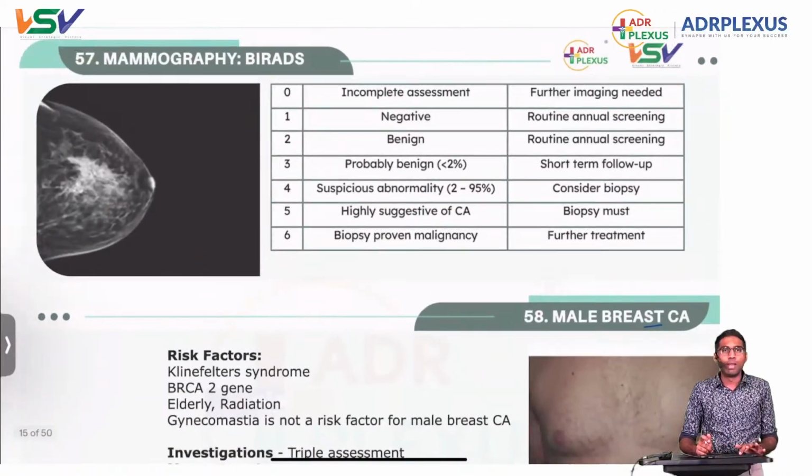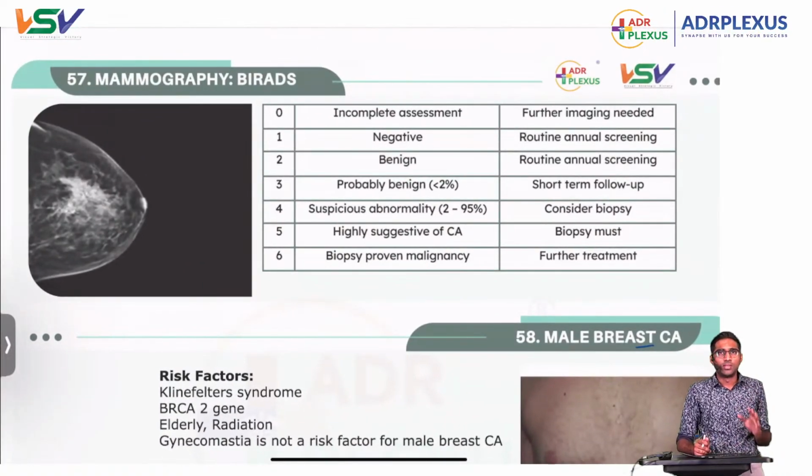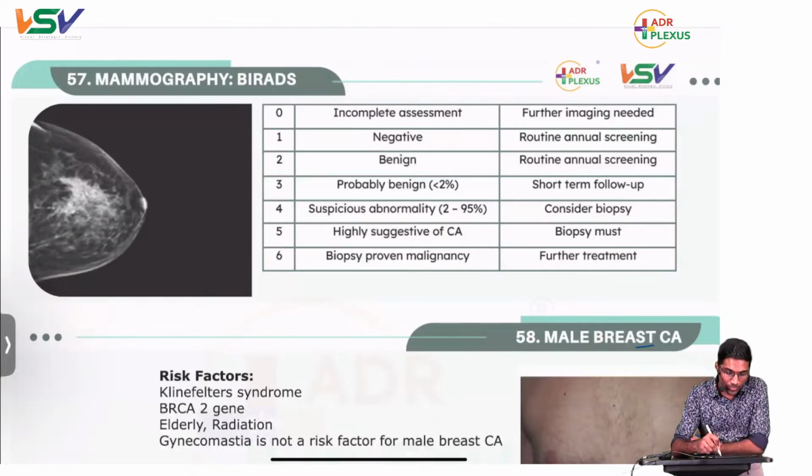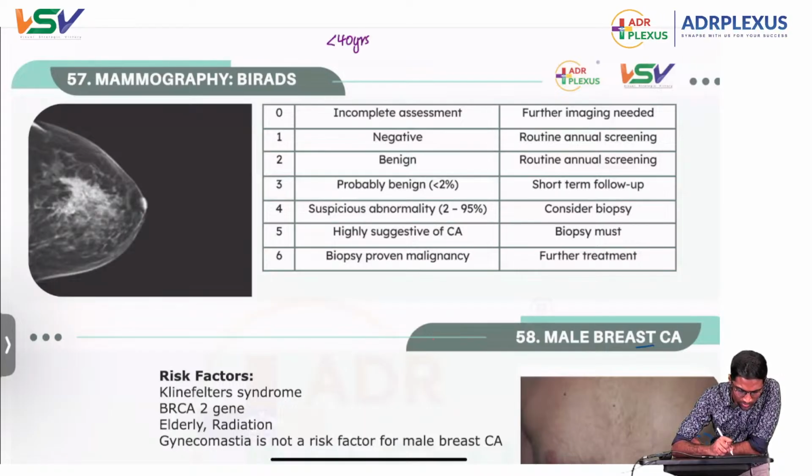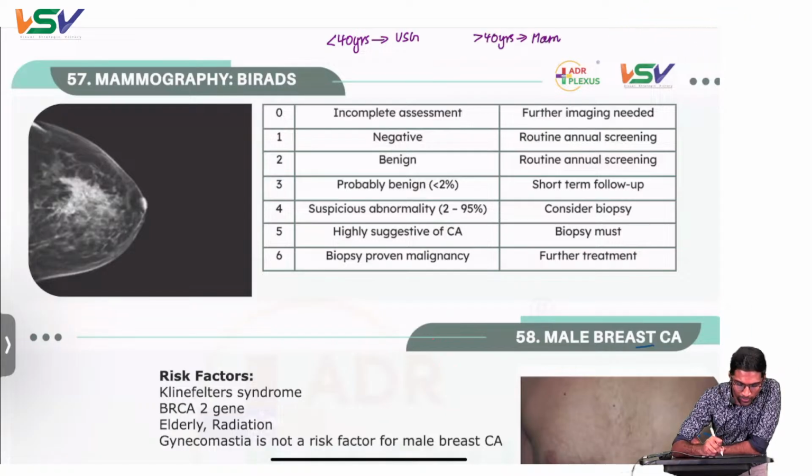Next, coming to the mammogram BIRADS staging. This BIRADS is a very important topic again. So you just remember this dictum: less than 40 years, go for an ultrasound; more than 40 years, mammogram.